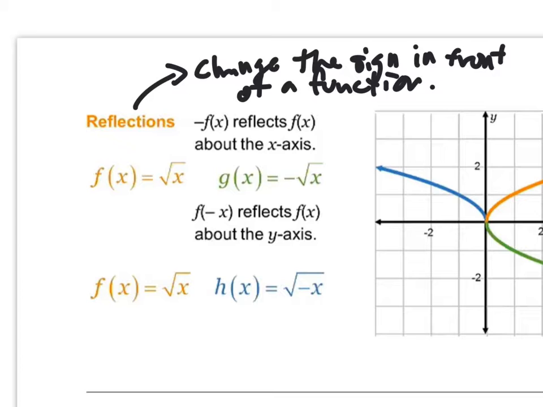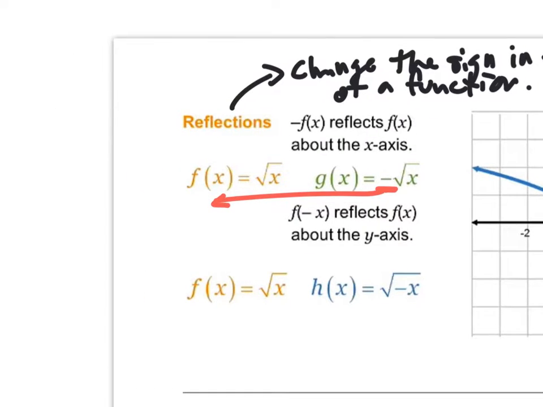Now, if we make the entire function negative, so where that negative comes in, that means that we made the entire function negative. Then what happens is we reflect that about the x-axis.